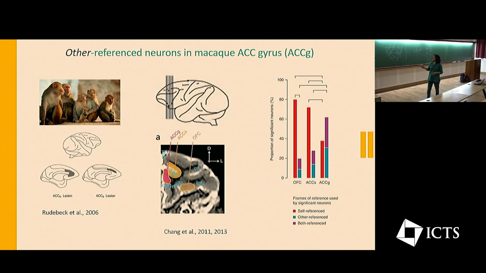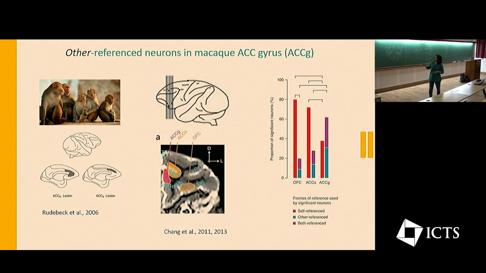So in trials when they chose themselves over the other for receiving the reward, versus choosing the other monkey, giving that other monkey reward over none, what was the activity of these specific neurons? They found that you can categorize these neurons into 3 types: one more sensitive to self trials, one more sensitive to others' outcome, which is why it's called other-referenced, and some equally sensitive to both self and other outcomes.